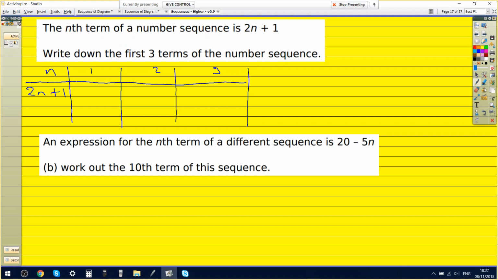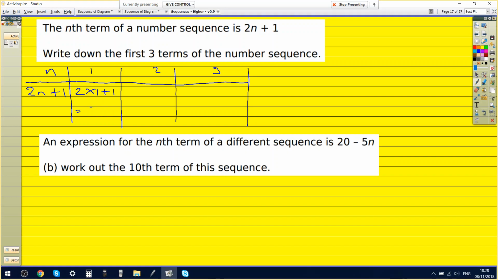So it's basically when n is 1, the first term is 2 times 1 plus 1. So what is 2 times 1 plus 1?